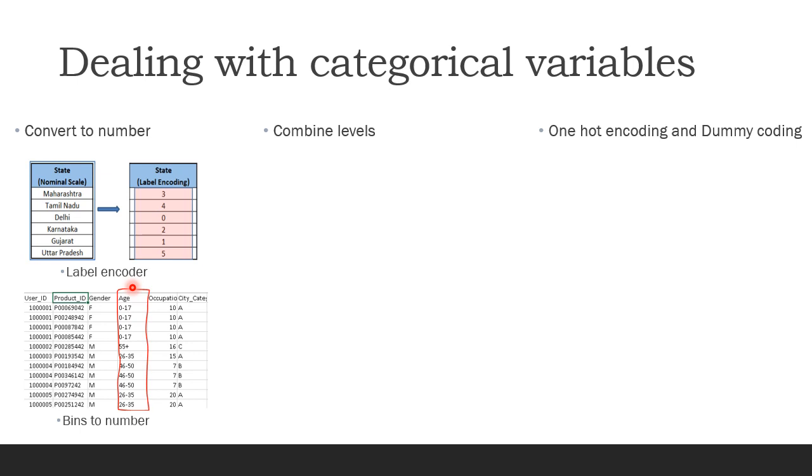These could come readily from a particular data set, or we could have created them to understand, say, age segment related data or demand. So we already have bins in our database, or have created bins, and now we need to give a code to these bins. So this particular bin, 0 to 17, could be given a single number, and so on and so forth.